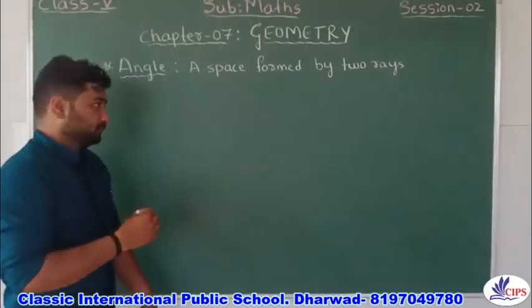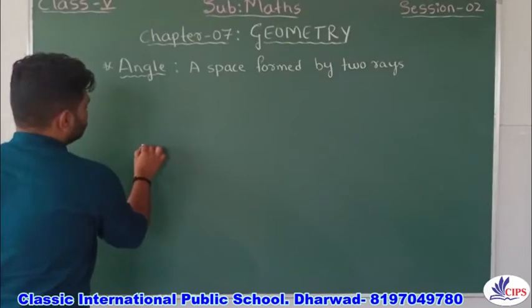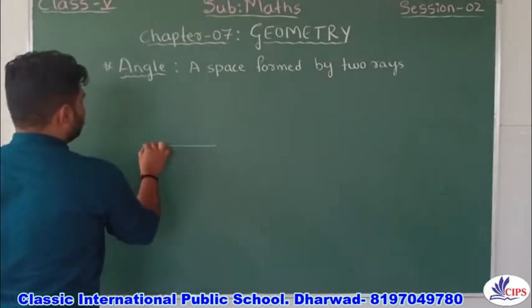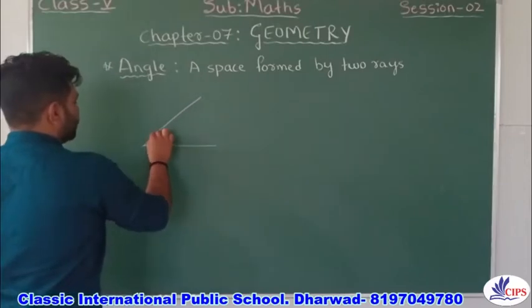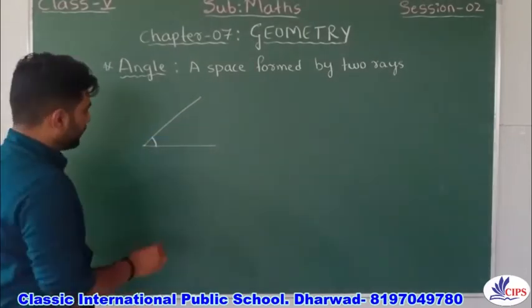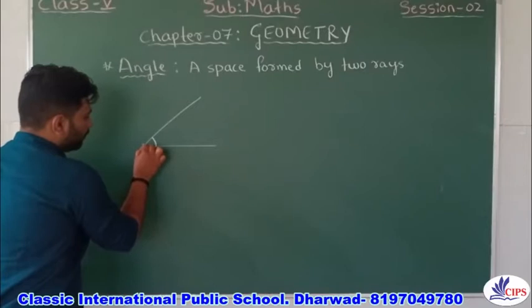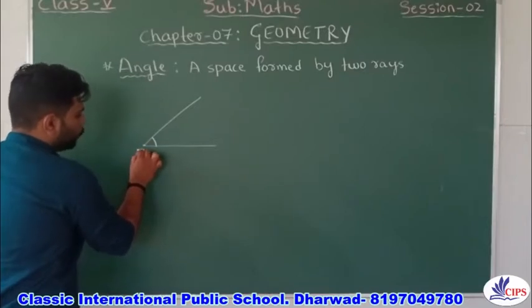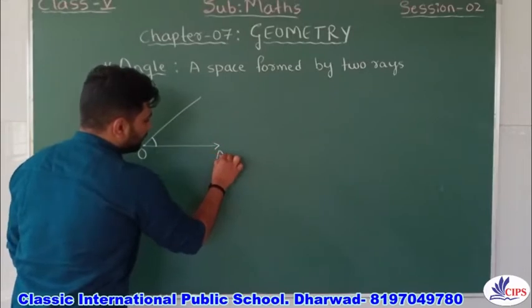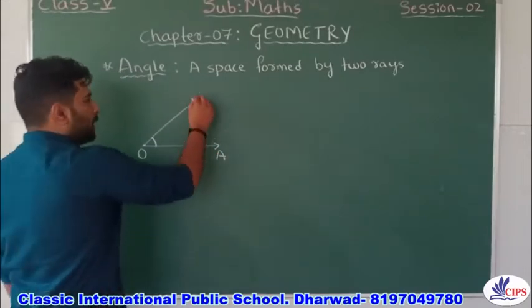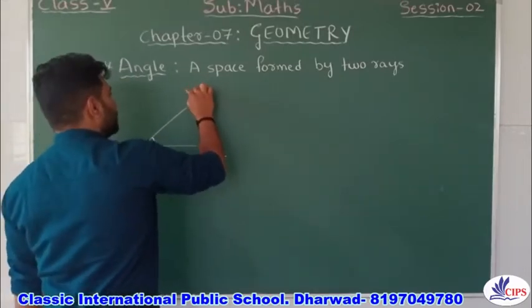Now it might be difficult for you to understand, but let me make this topic easier. Say this is a common vertex. I am going to call it O, and this is one ray, A. So this is OA, and this is another ray, B.